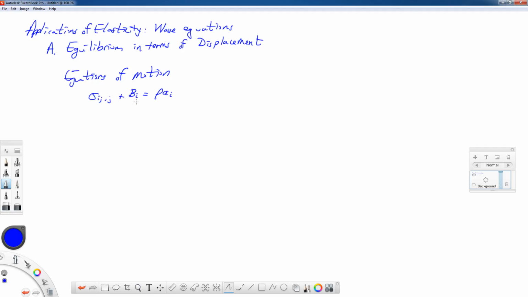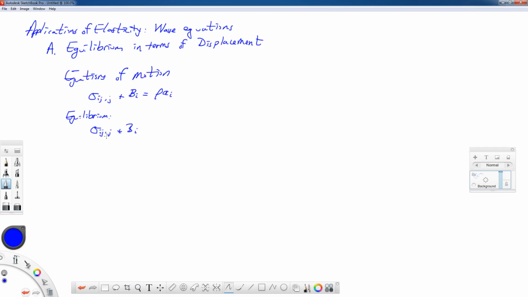We have the body forces per volume, bi, and it's equal to rho, the mass density, times ai, the acceleration components. If we want to specialize this to equilibrium conditions, then our rho ai term will go away, and we'll just have sigma ij comma j plus bi.